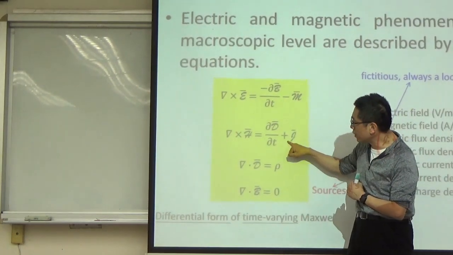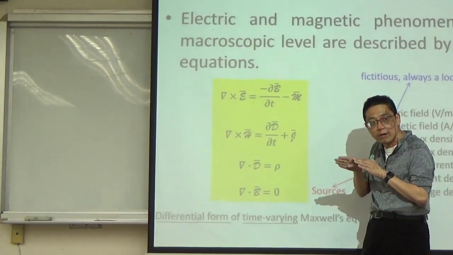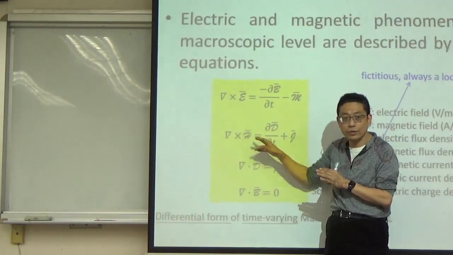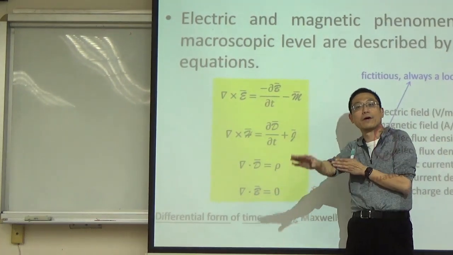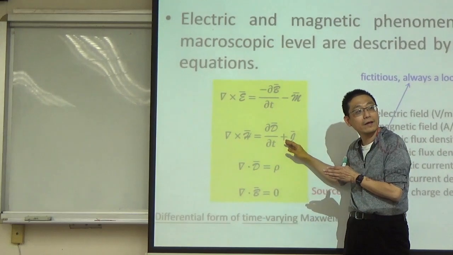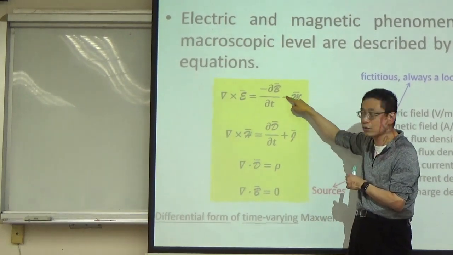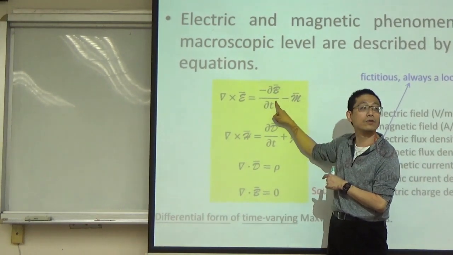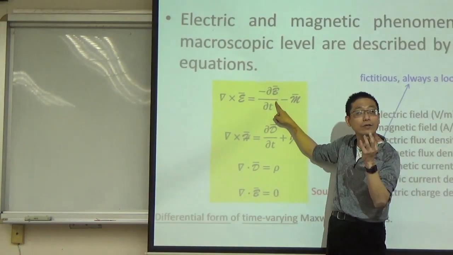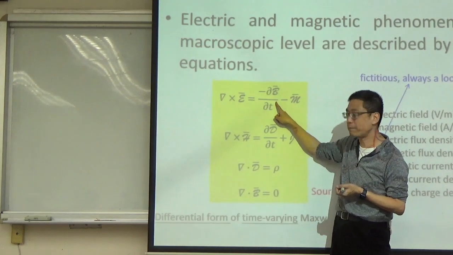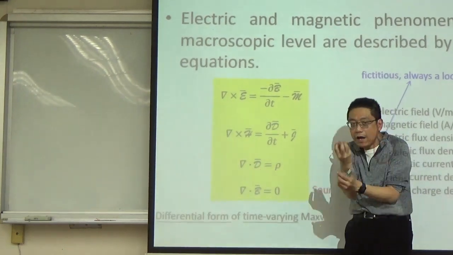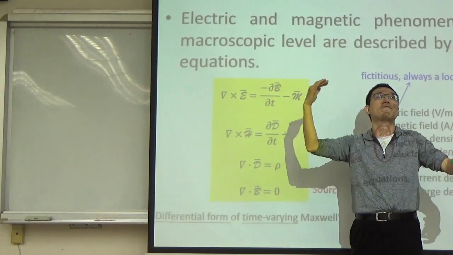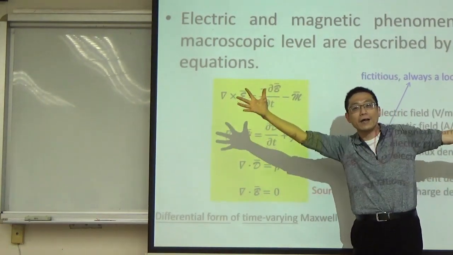Also, if there is a source, if I have a current, it can induce a magnetic field around it. This is Ampere's law, right? This is a source, this is a source. Or maybe I change the H. This is also something like a source, right? I change the field, okay? Gauss's law: if I have a charge source here, then there will be an electric field outside the charge.